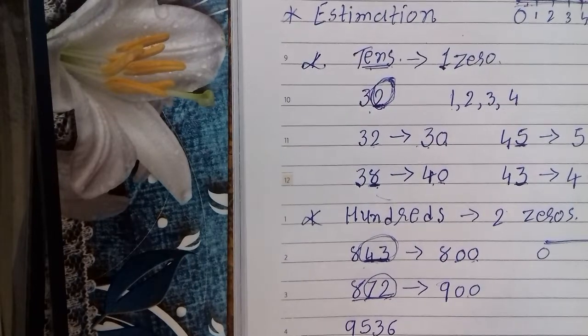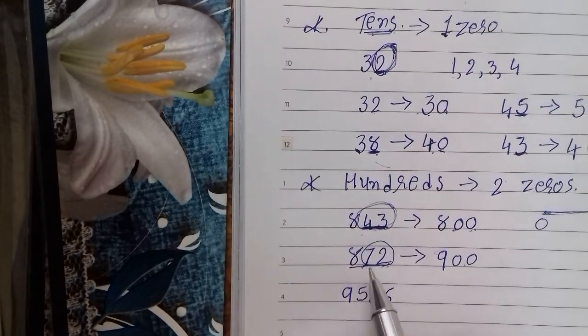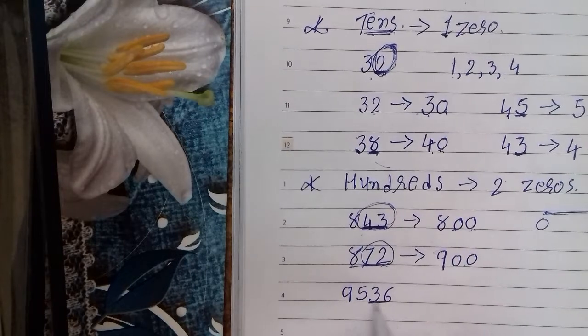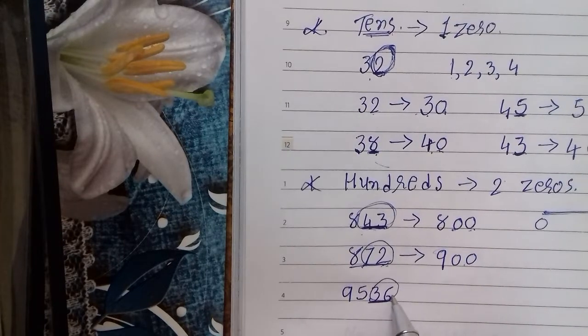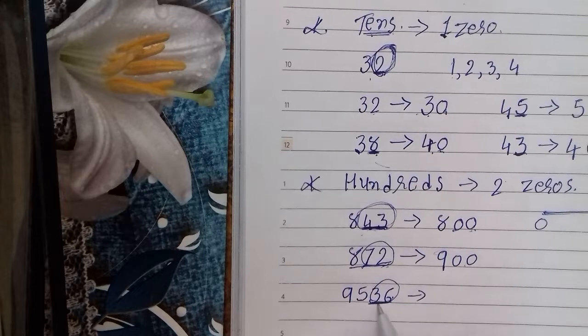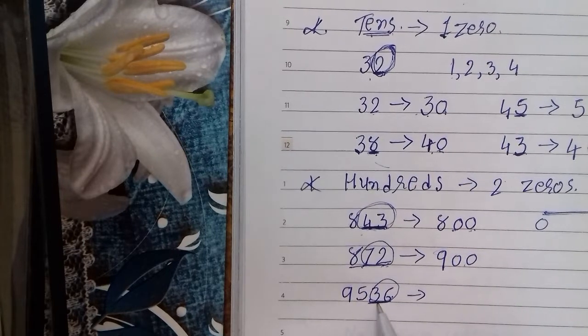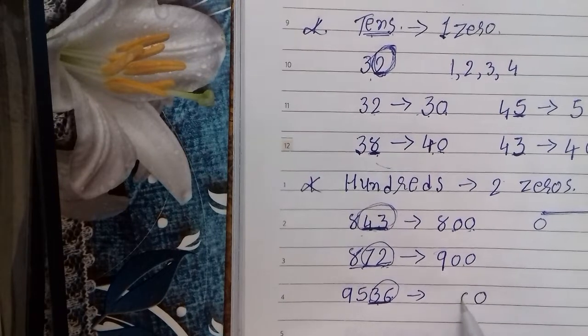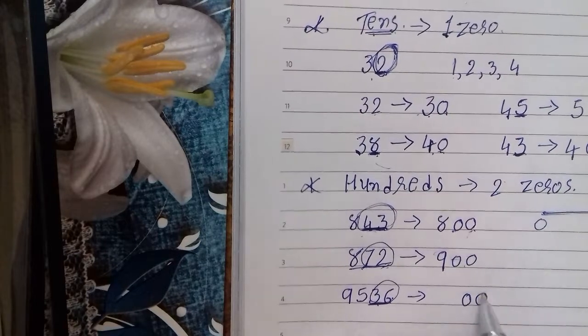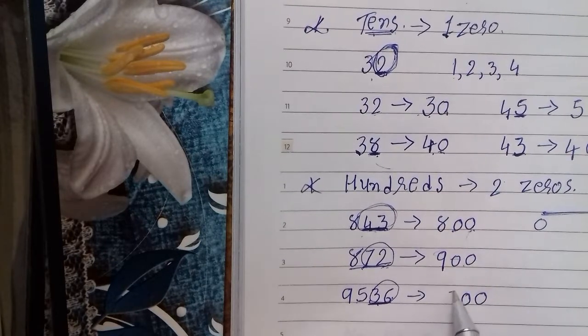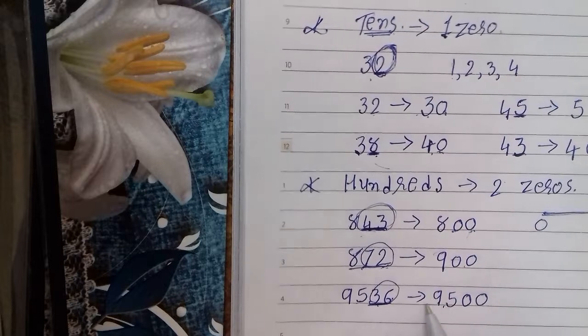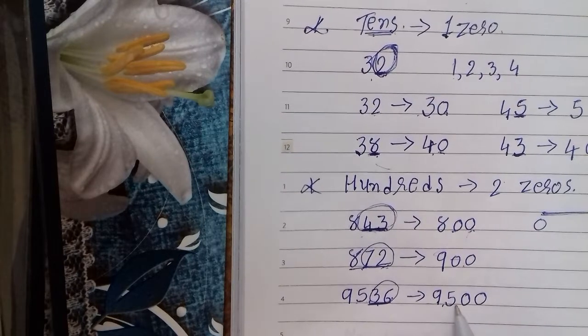9536. Here also see the 2 digits, 36. 36 is less than 50. So put 2 zeros as it is, and no change in the next digit. Write the next digits as it is.